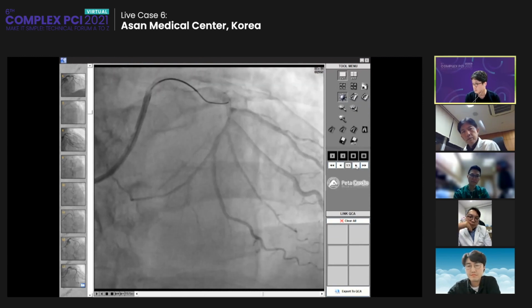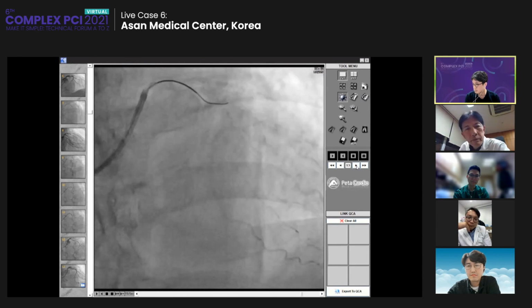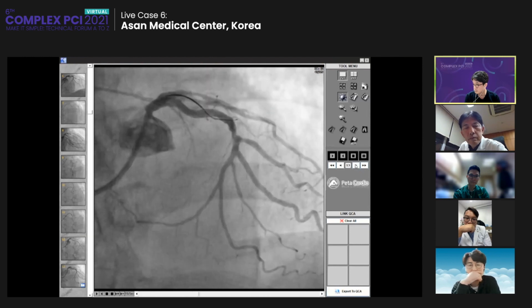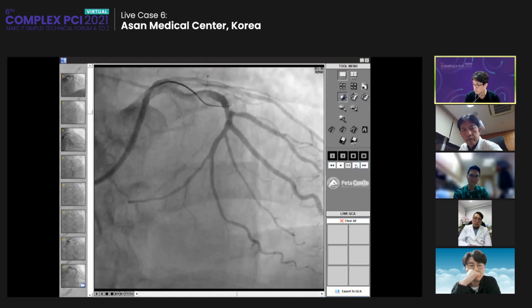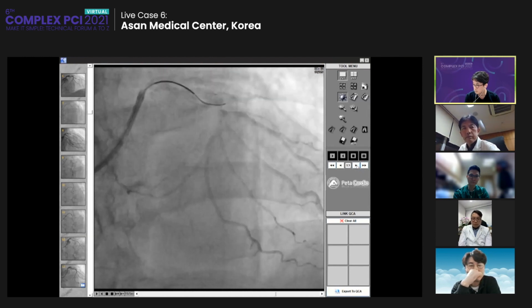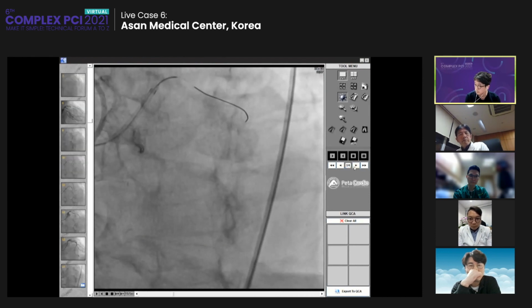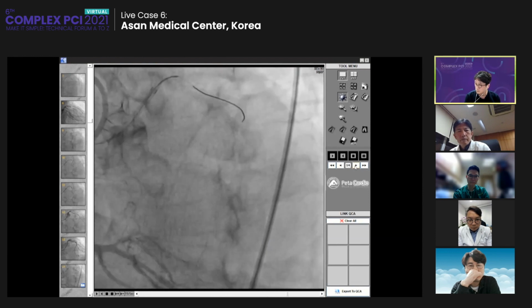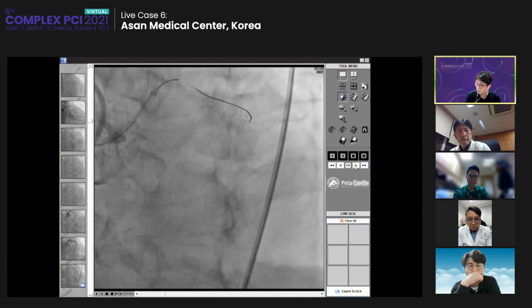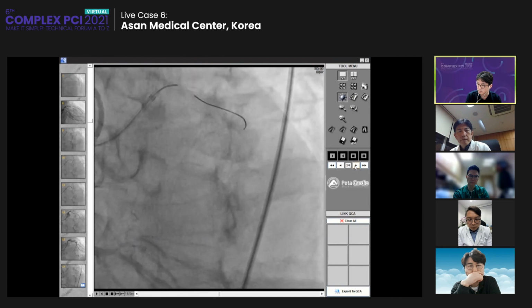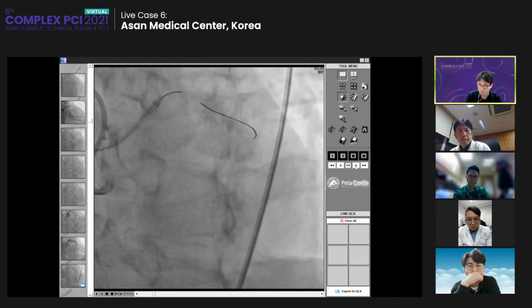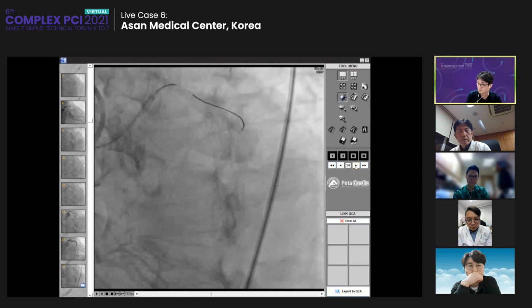That means that somehow there could be a vessel injury, or the wire has been in the subintimal space, which precluded delineating the distal portion by the left angiogram. So next, what they did was insert the right coronary artery guiding catheter and start to take a retrograde angiogram, a contralateral injection of the dye.